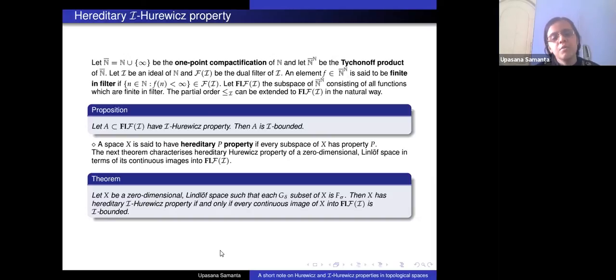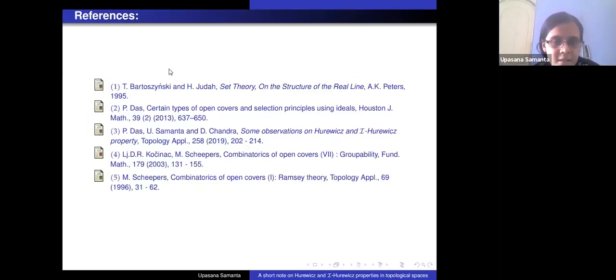Finally we find when a space has hereditary I-Hurewicz property, that means when every subspace of a space, which is of course zero-dimensional, is I-Hurewicz. So that much I have done. These are some references, and the talk is mainly based on this paper of mine with Professor Dash and Professor Chandra, which was accepted in Topology and its Applications in 2019.